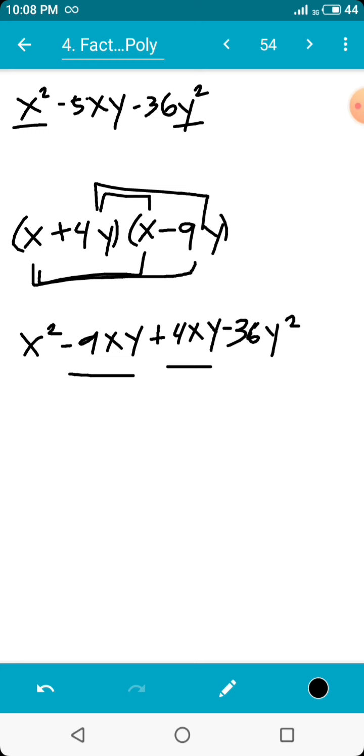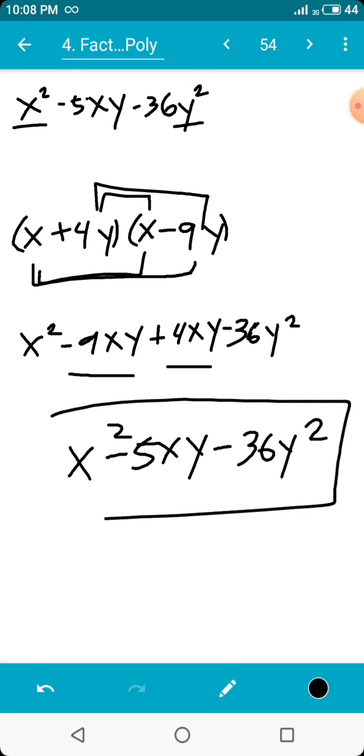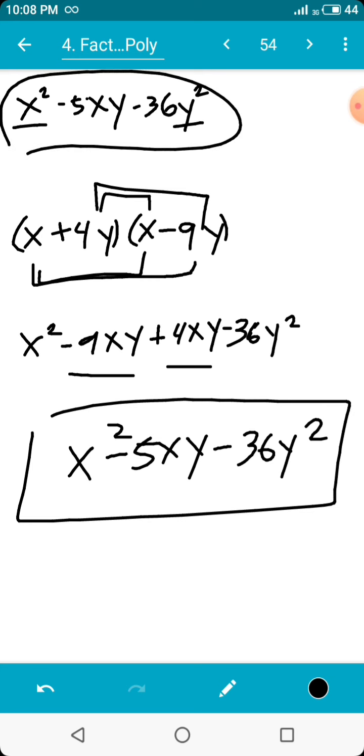So, we have here negative 9xy and positive 4xy. So, that is negative 5xy. Then, bring down negative 36y squared and x squared. So, ito yung product niya, which is same naman ng trinomials na kinuhanan natin ng factors. So, ibig sabihin, tama ang ating factors na x plus 4y and x minus 9y.